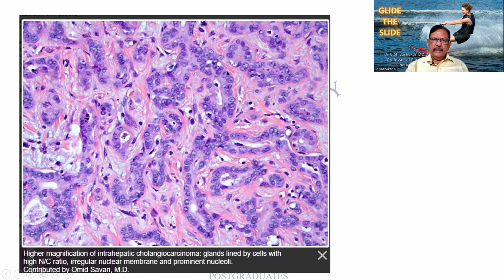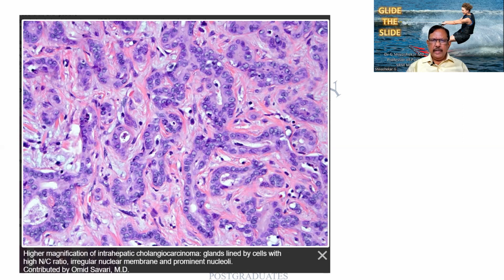Secondly, the cytoplasm is amphophilic and the nucleus is quite large, vesicular, and I am able to see prominent nucleoli in many of the cells. So that is a good point. The third one can be the lumen. So it is a glandular type of tube. In some areas there is abundant mucus secretion. Fantastic. So we have seen all these points.